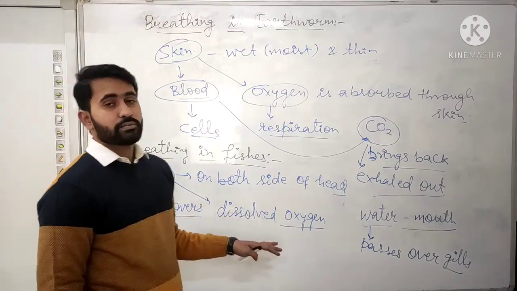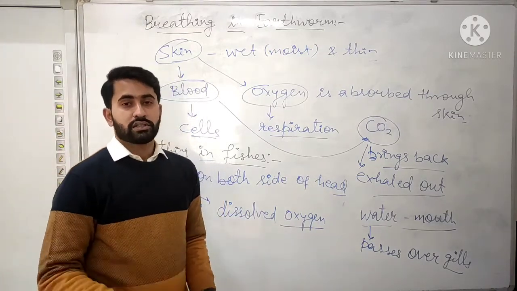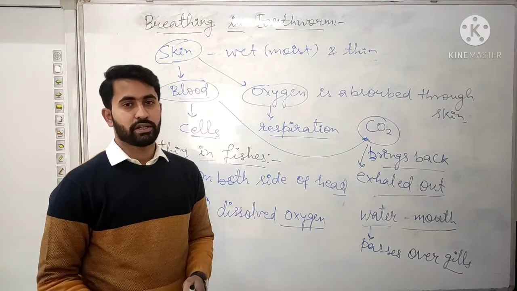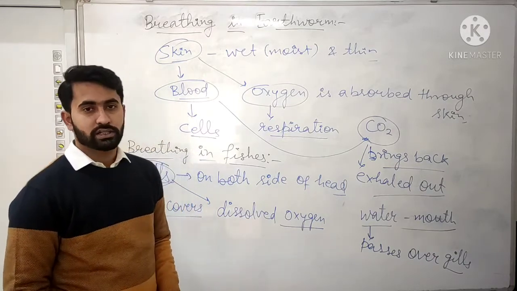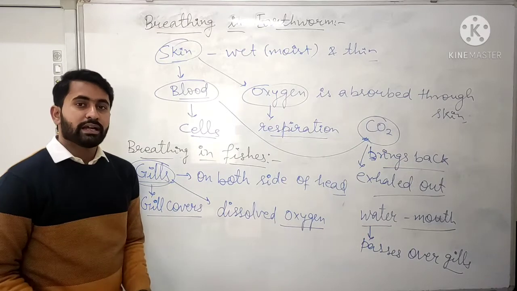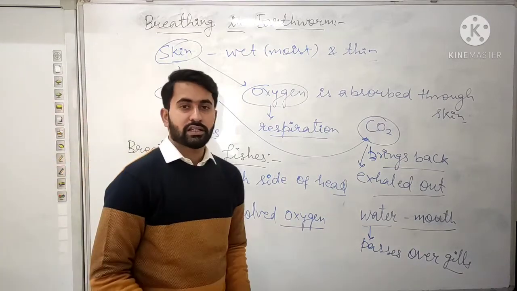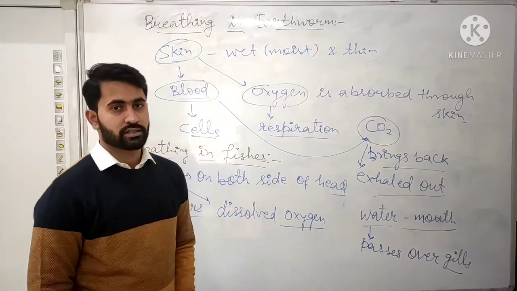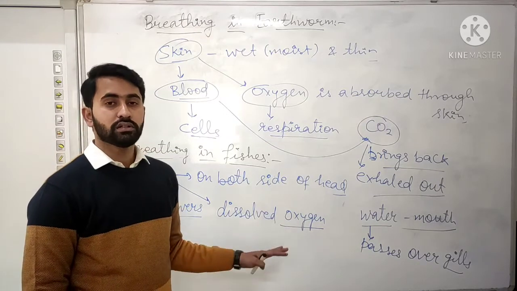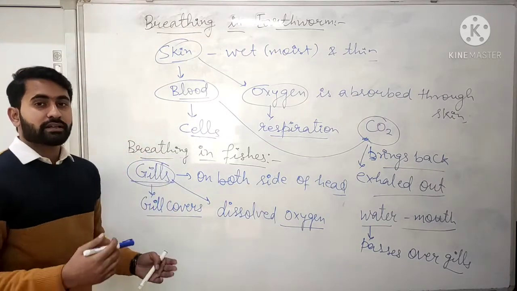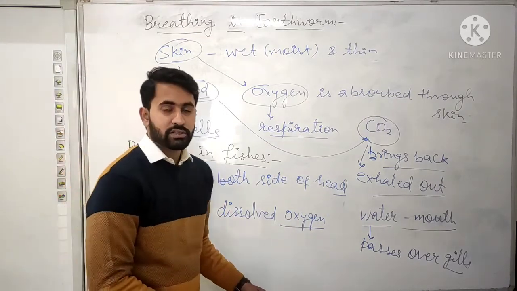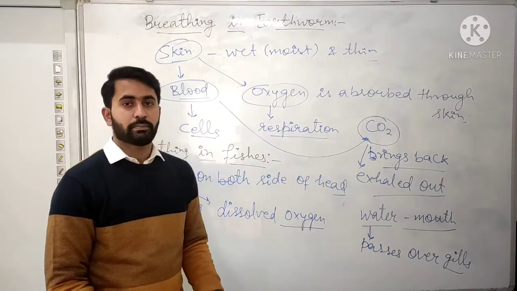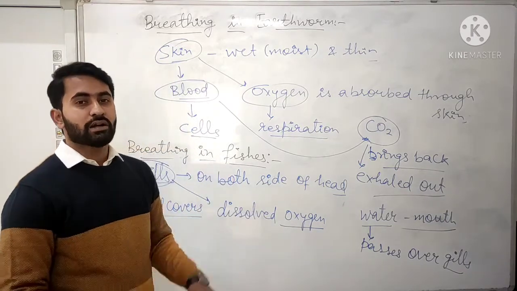Then in the fish body, this oxygen is used for respiration, and the carbon dioxide that is produced is again brought back by the blood to the gills. Then from the gills, that carbon dioxide is expelled out into the surrounding water.